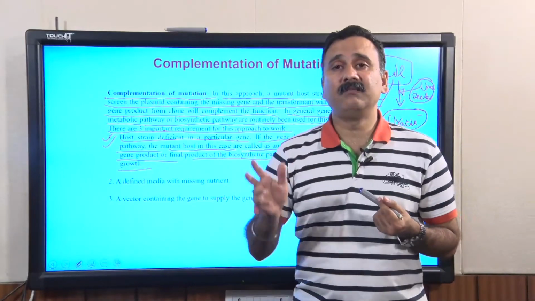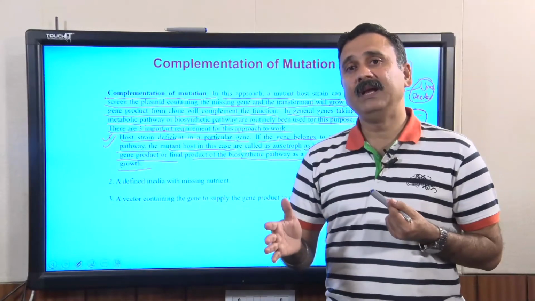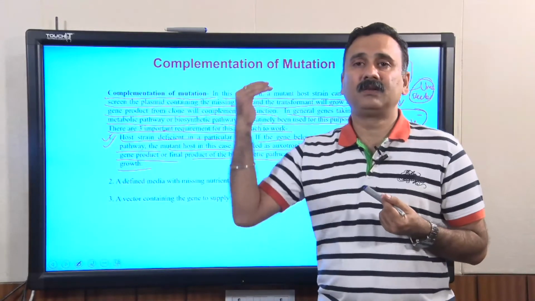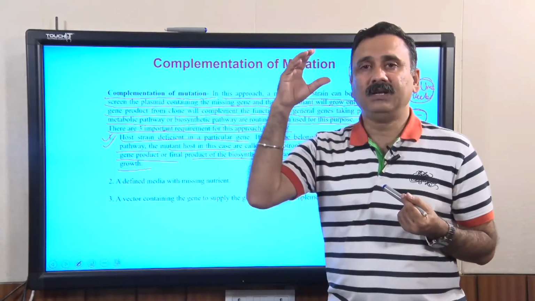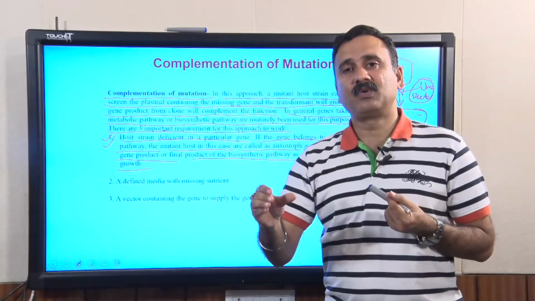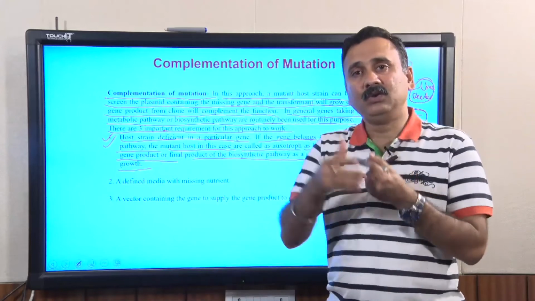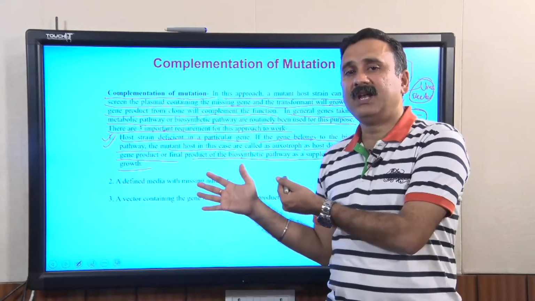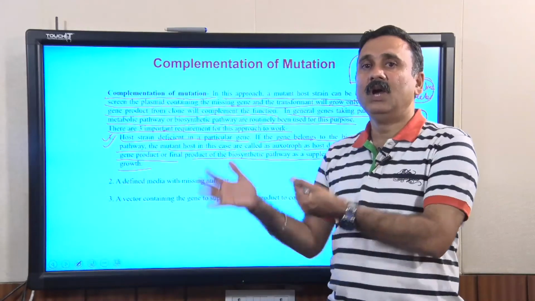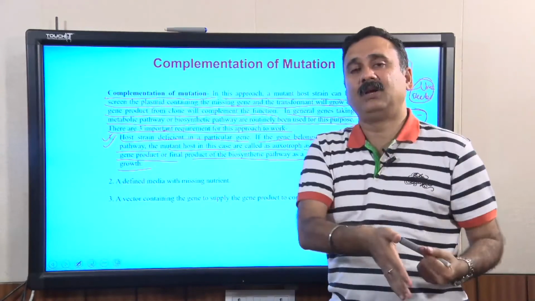If this factor is a part of the biosynthetic pathway, then the host strain solely depends on either that particular product or the final product of the biosynthetic pathway, and in those cases the host strain is called an auxotroph on that particular media.